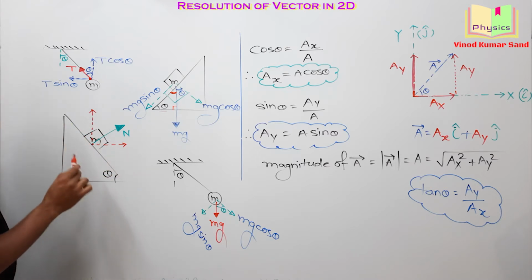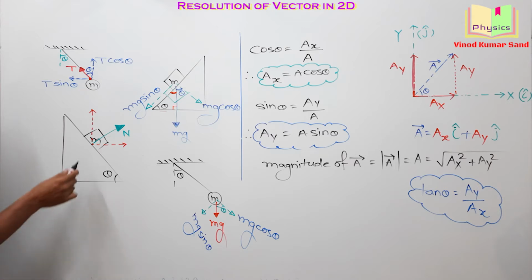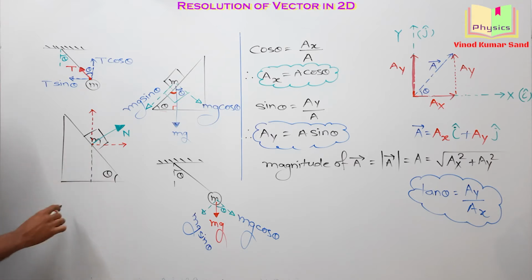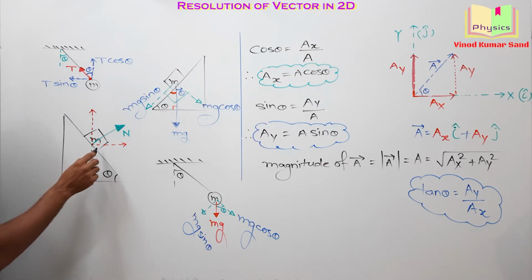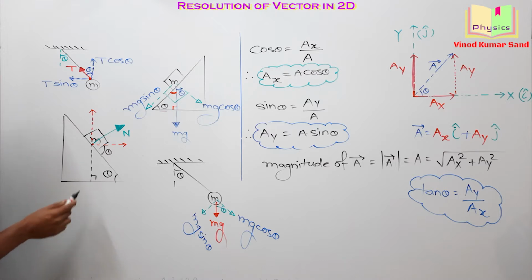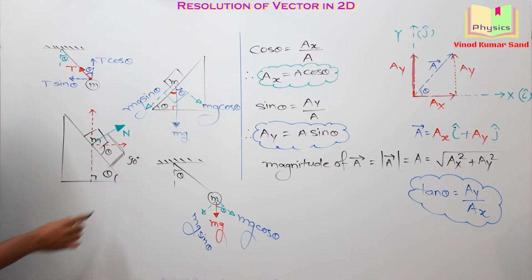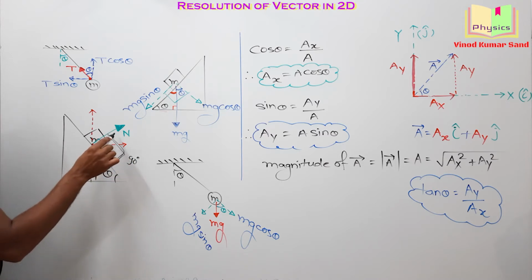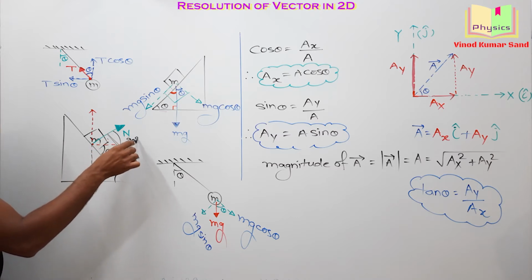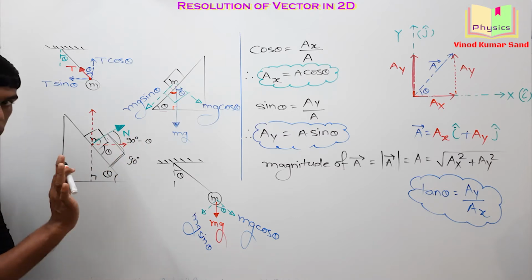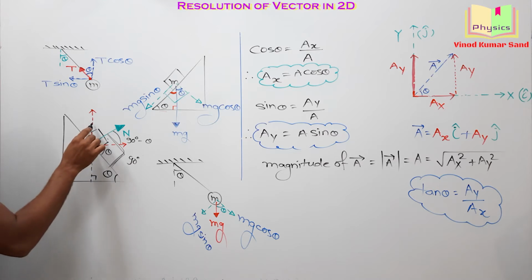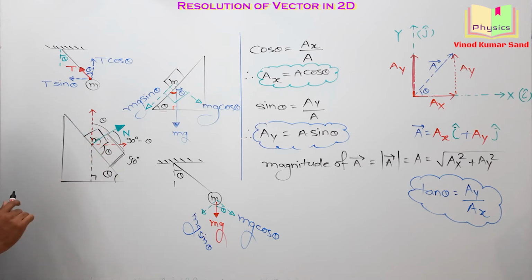Now, we need the angles. For getting the angles, I am using the geometry. This is 90 degree. How much is this angle? It is theta. Okay. And how much is this angle? This total angle is 90 degree. It means the angle here is 90 degree minus theta. Fine. And this angle must be theta.